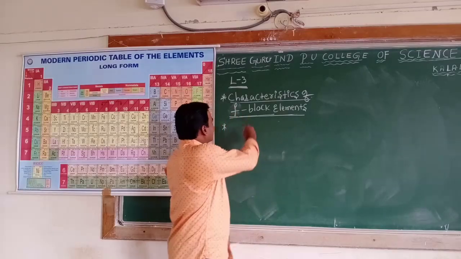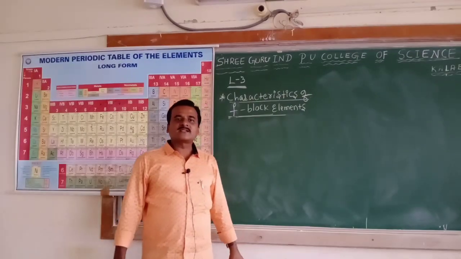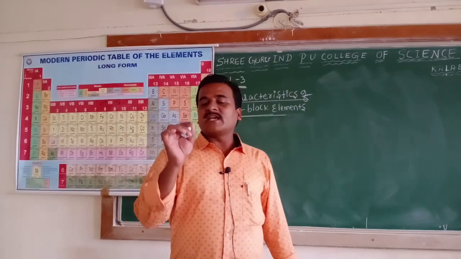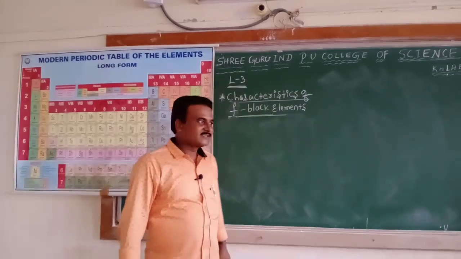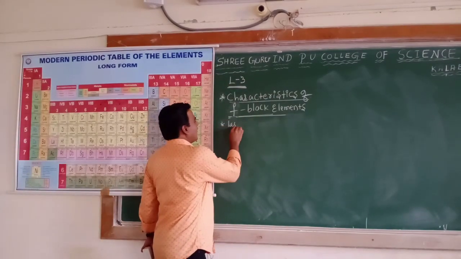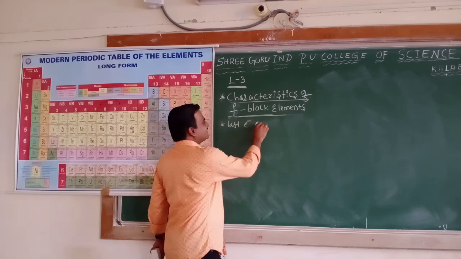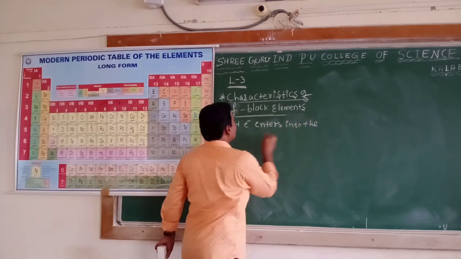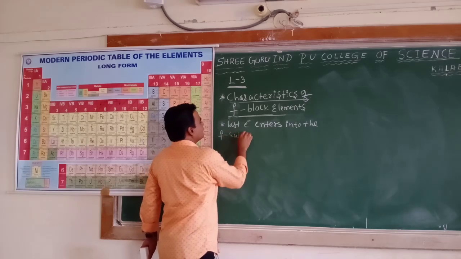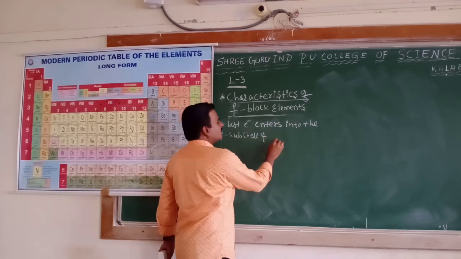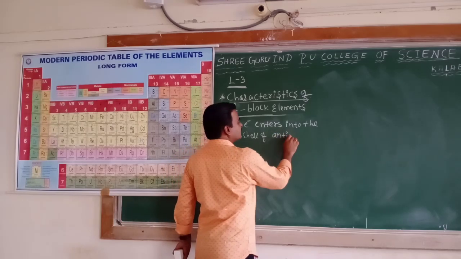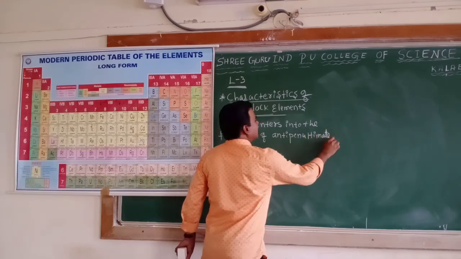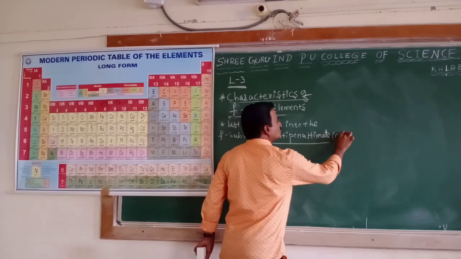Coming to the next, f block. What are f block elements? The elements in which the last electron enters into the f subshell of the anti-penultimate orbit, n minus 2.